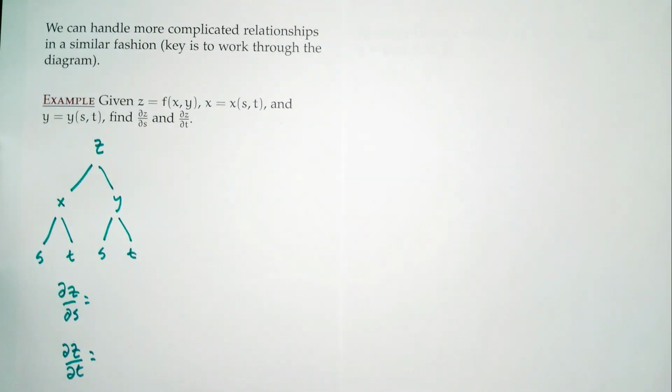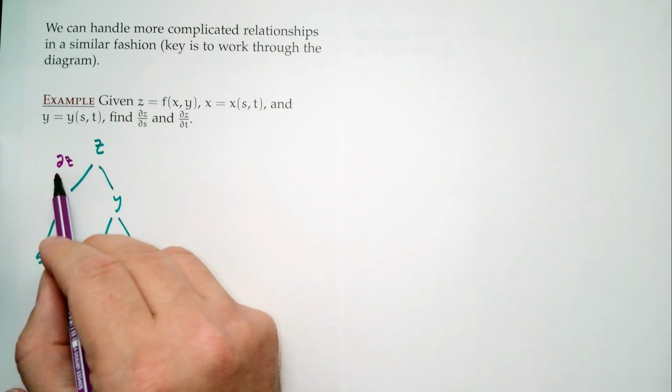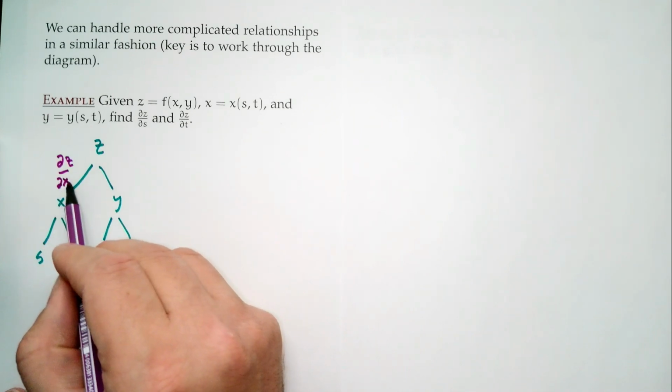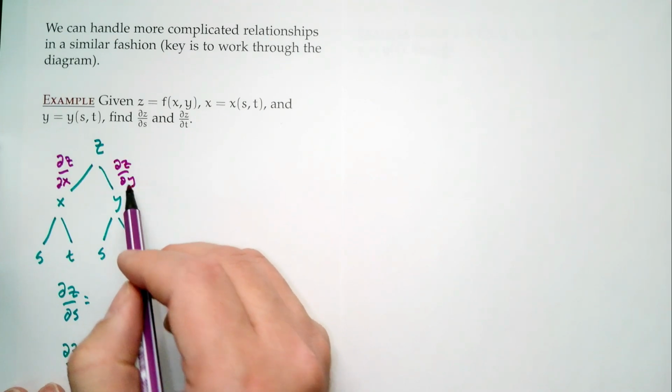Previously we were in diagrams where we just had t at the very bottom, which meant we only depended on one thing. But now we have two things at the bottom, s and t. So we depend on two things. To help read the diagram, you can populate it: z depends on two variables, so I put partial z partial x, partial z partial y.